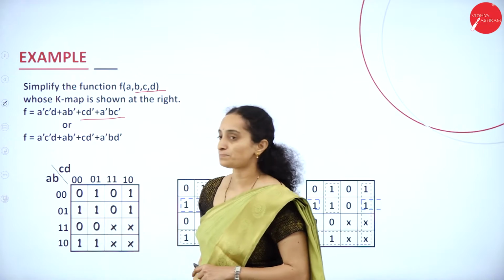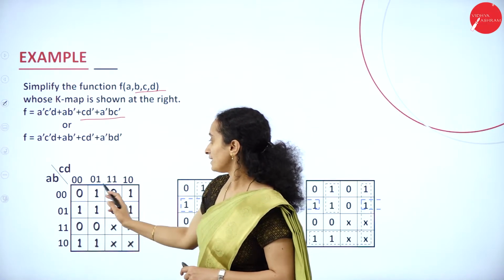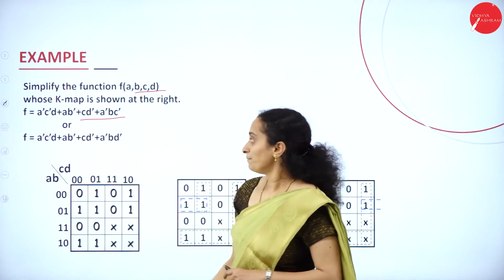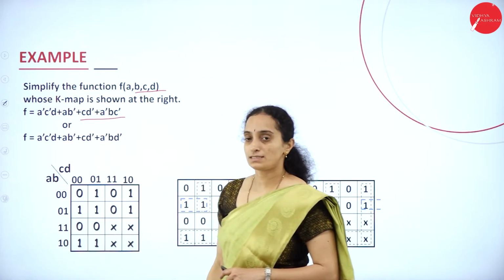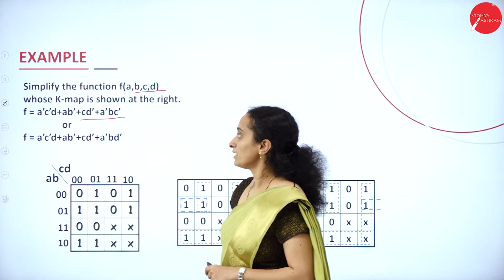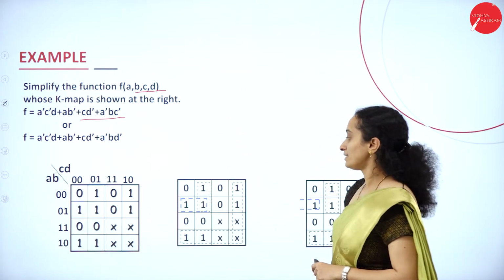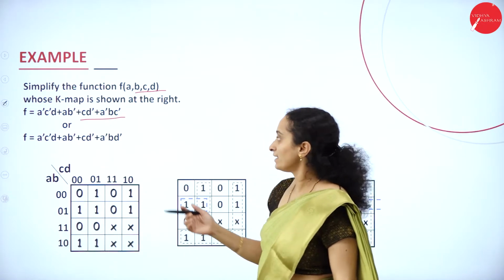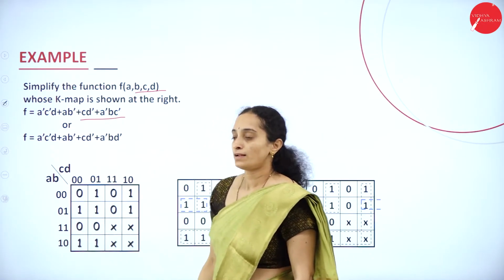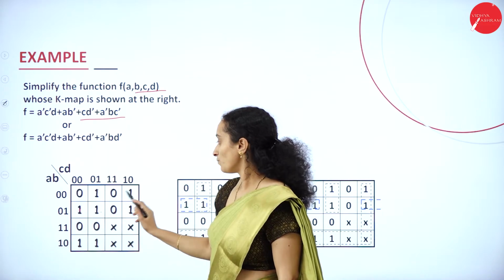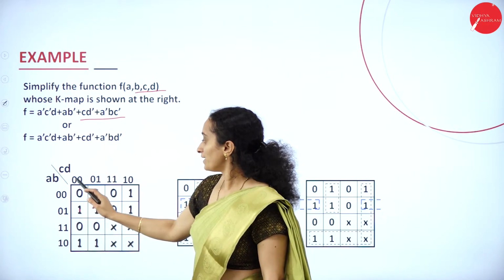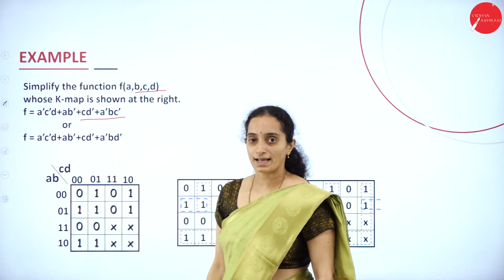Now we have A dash, C dash, D plus A B dash plus C D dash plus A dash B C dash. Now we can consider these values by adding the values. Now we will get these ones. A dash, B dash, C dash, D dash.